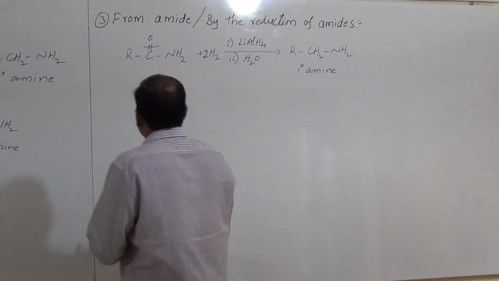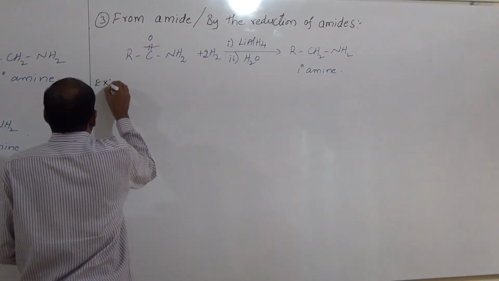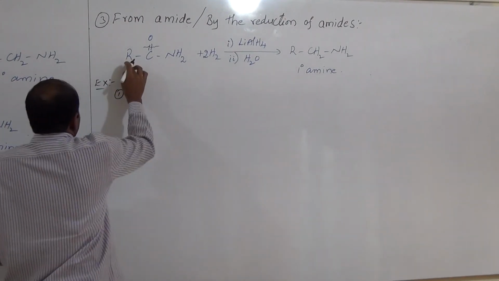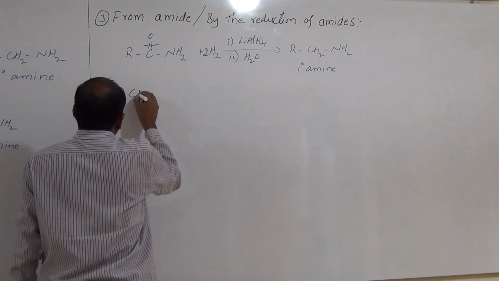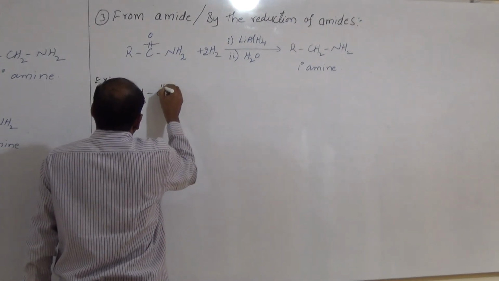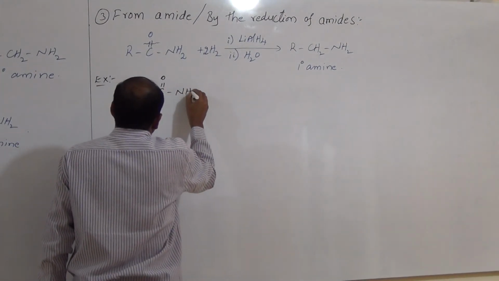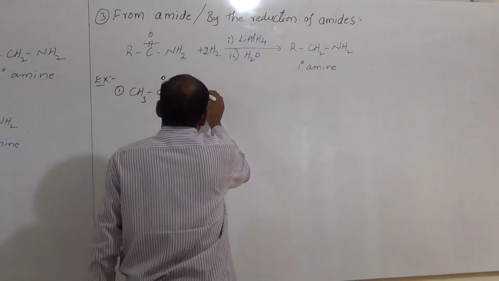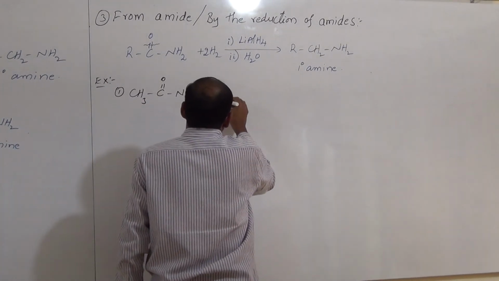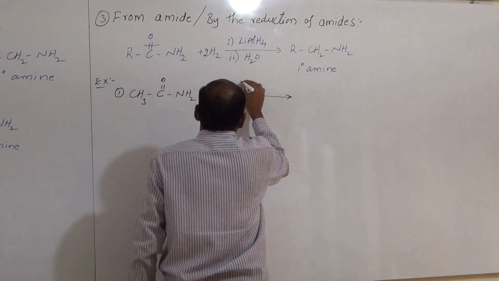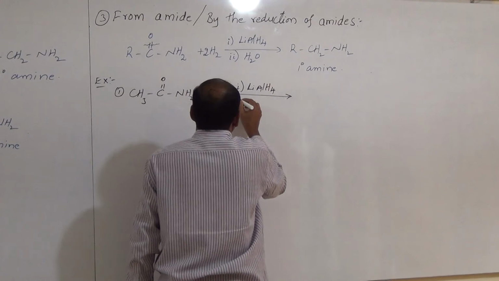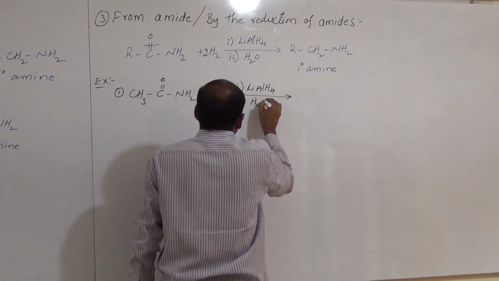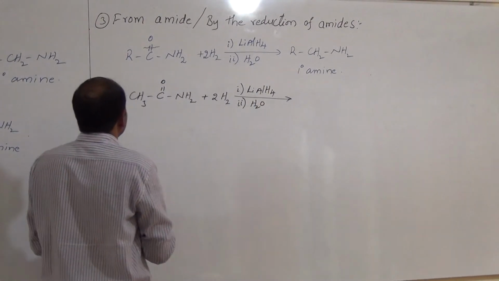Example: take any alkyl group instead of R. CH3, C double bond O, NH2, acetamide, which undergoes reduction in the presence of lithium aluminum hydride followed by hydrolysis. Then what happened here?